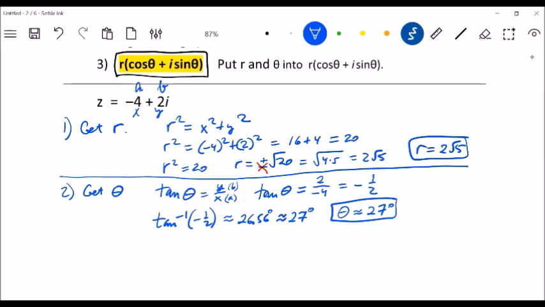Now that means if we were graphing a particular point, we would have 2 root 5 and 27 degrees. Okay. Now, we have to watch something here because it's not actually 27 degrees, and let's identify why. Okay, so it seems like that, but now let's remember something. Let's remember that x is equal to -4, y is equal to 2, which means second quadrant.